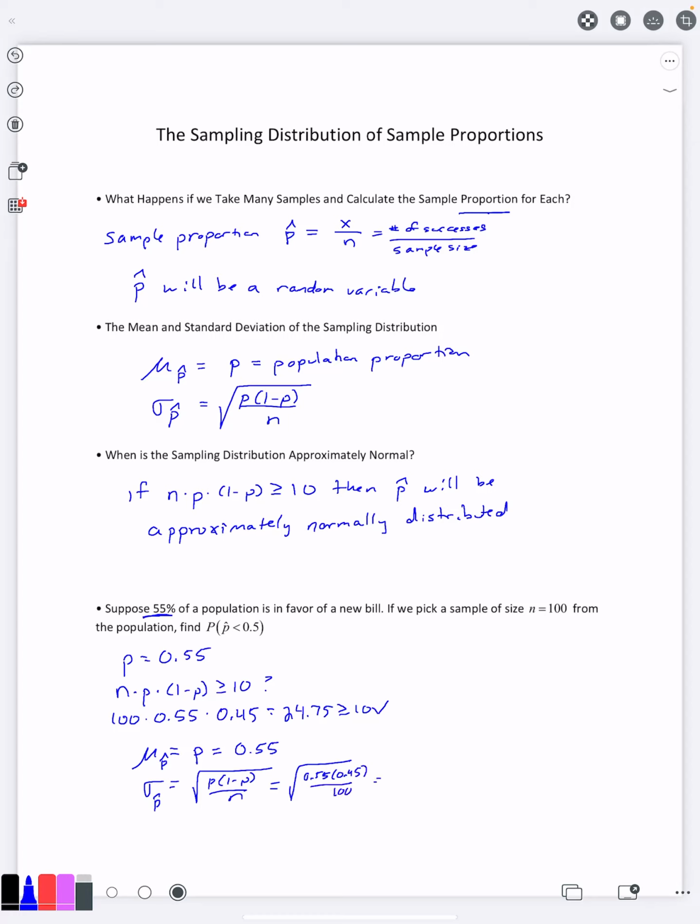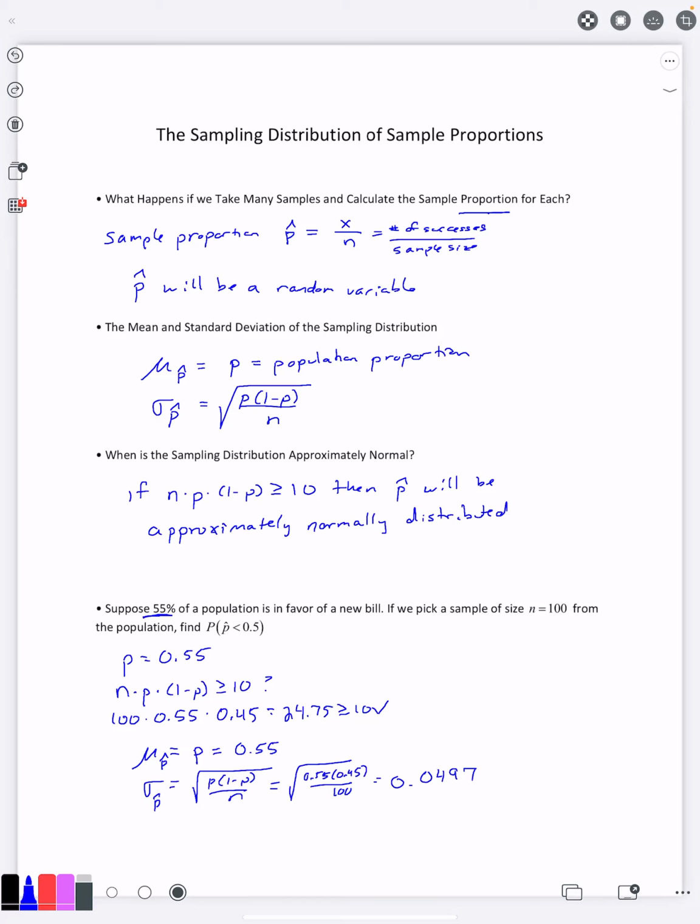Now we got to put this in my calculator. So 0.55 times 0.45 divided by 100 and square root. And I'm getting 0.0497. I could have rounded that to 0.050, but I left it that way.